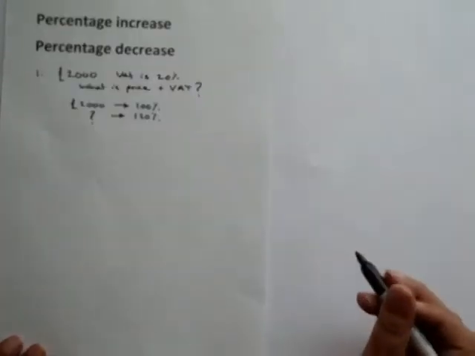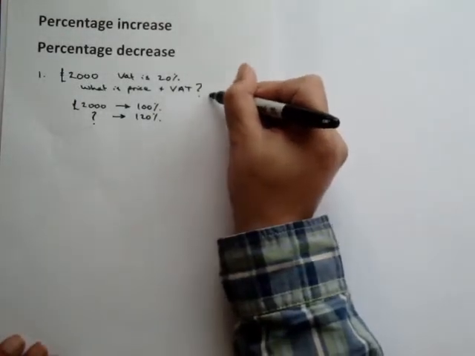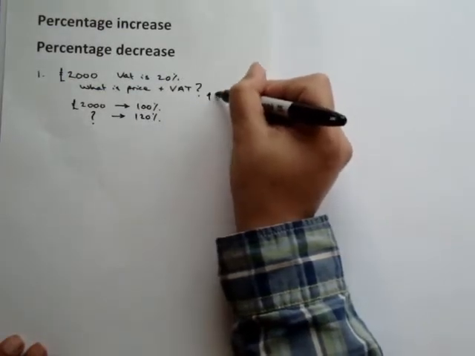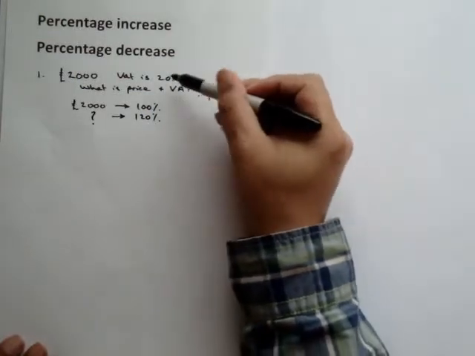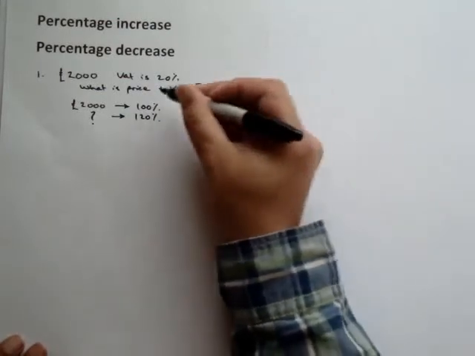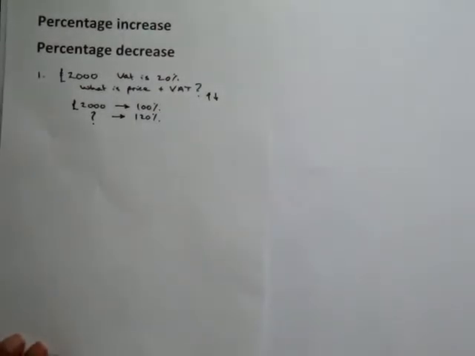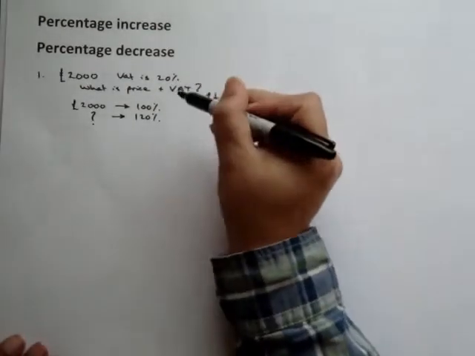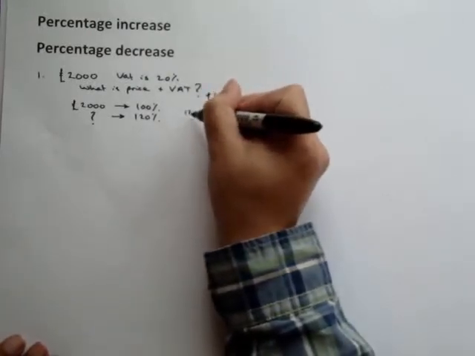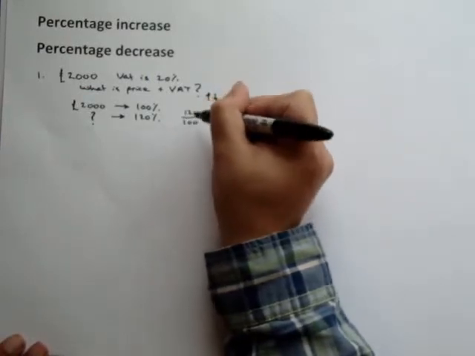Now we need to set up our scale factor. So first of all we need to know, is the scale factor going to make the number we want bigger or smaller? Because we're adding VAT, it's going to make it bigger. So using our two values, we're going to make our scale factor. To make something bigger, we have to have the 120 on the top and the 100 on the bottom.